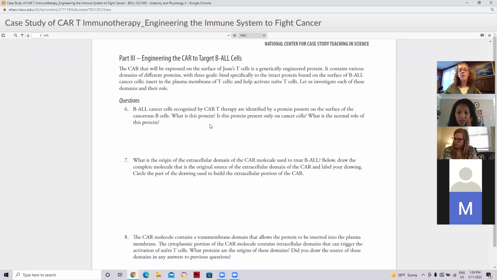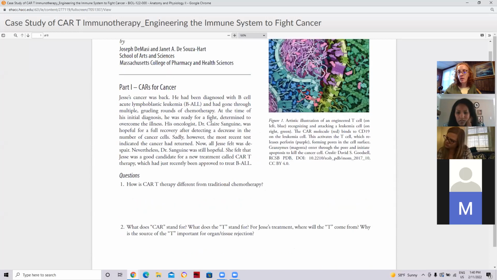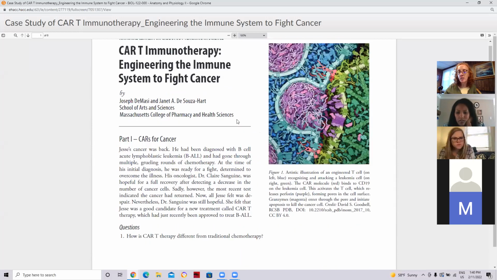Okay, what protein are they recognizing on these cancer cells? What marker? This picture up here, what marker are they recognizing?